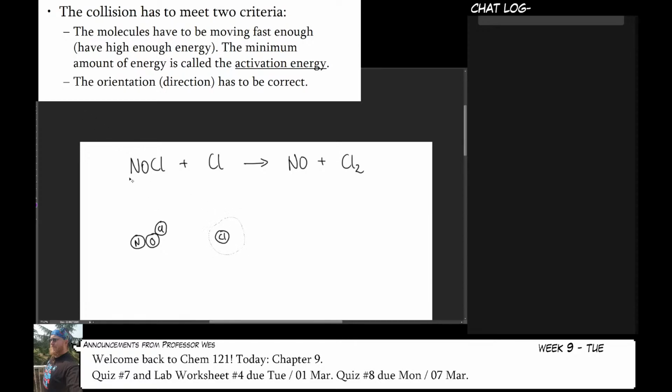Now, I don't want to cut this, I want to move it. There we go. If I were to bonk this chlorine into this molecule to make the reaction, and I bonked it over here, would I make the desired product? Would I make Cl2 and NO?